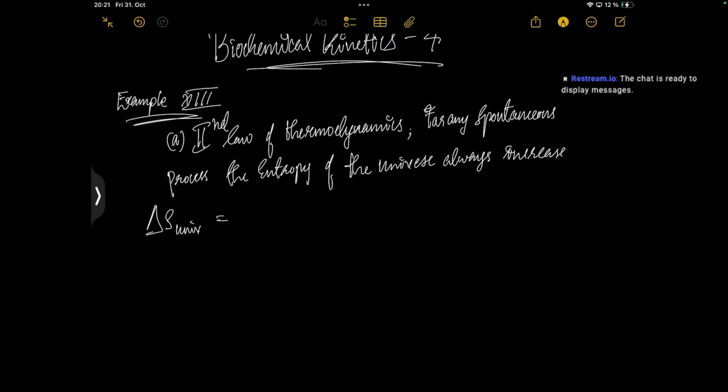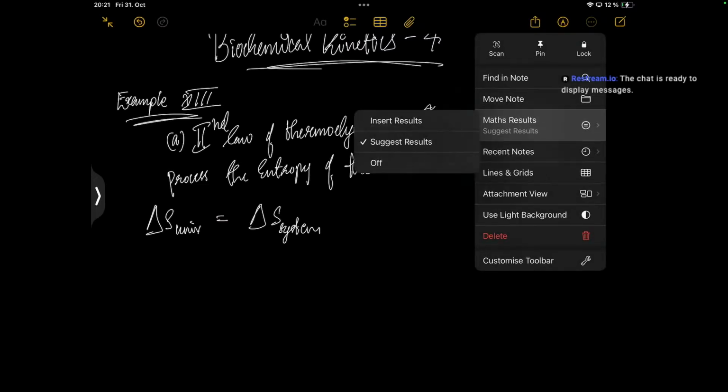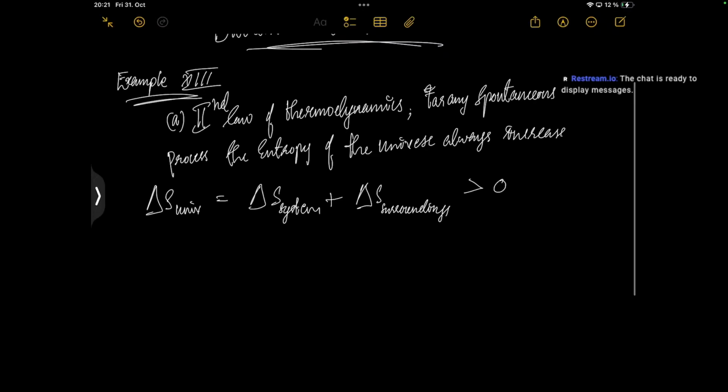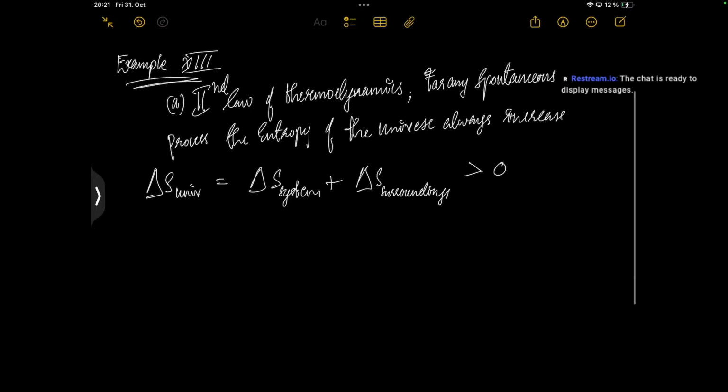Universe equals system plus surroundings, greater than 0. And that's basically the first part, right? Yeah, that's basically it.